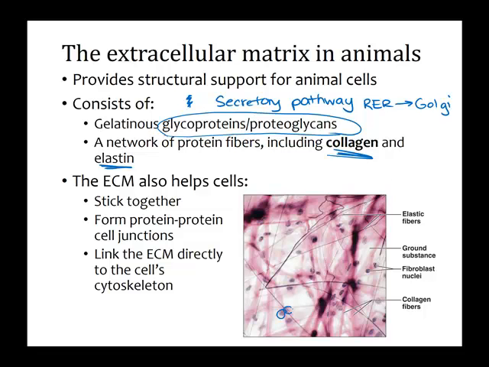Each little individual dot is a cell nucleus. These dark pink fibers right here, that's actually collagen fibers. And then these more spiny pieces right there, that's actually elastic fibers. So elastic is the name of the fiber, elastin is the protein that makes up the fiber.